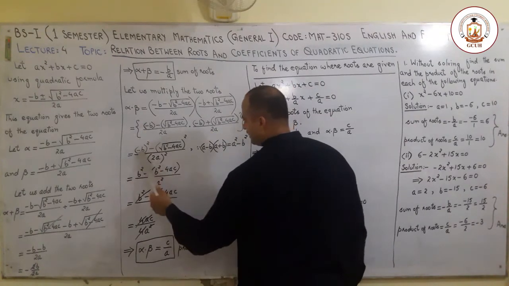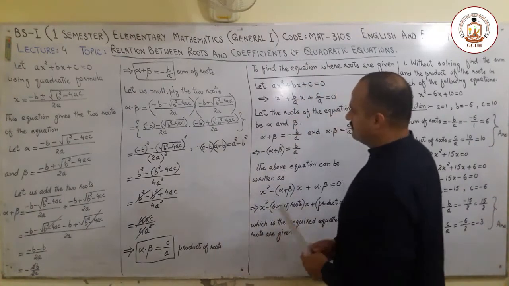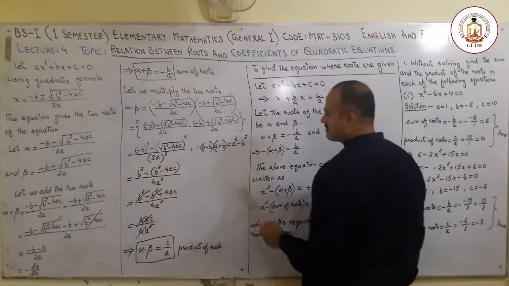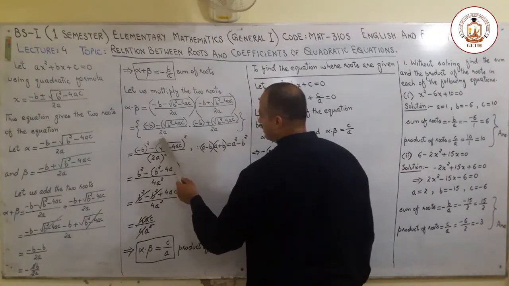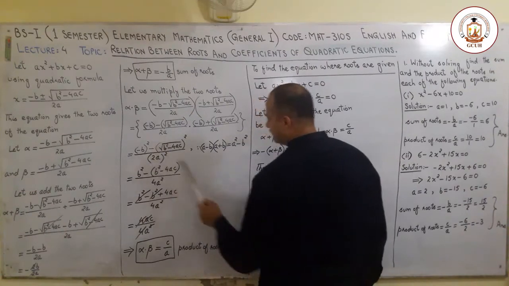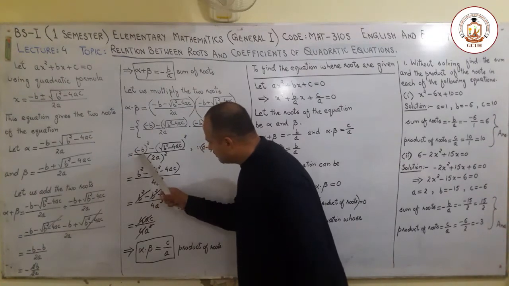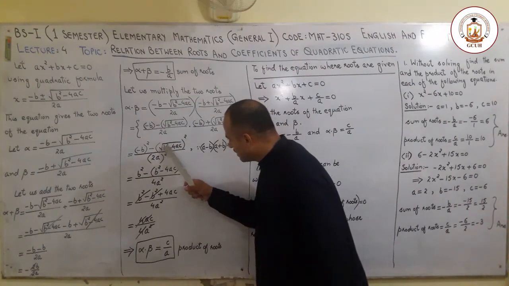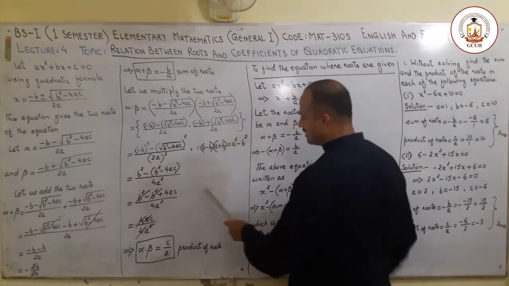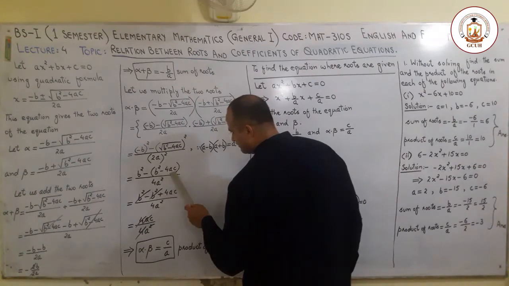So a square minus b square we have here using this formula, and the denominators are also multiplied, so this will become the power 2 of 2a. Then we simplify further: minus square is plus, b square is b square, and square and square root are reciprocal of each other, so this square root will vanish due to this square, and we have the expression inside the square root in the next step.